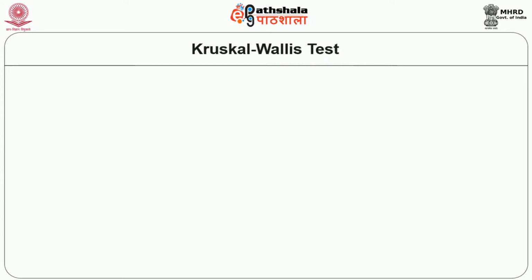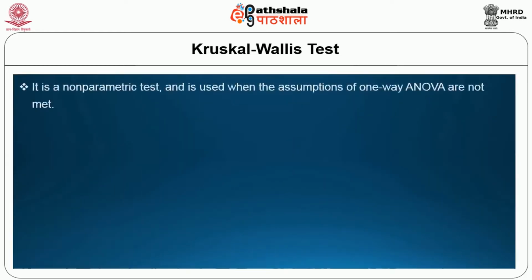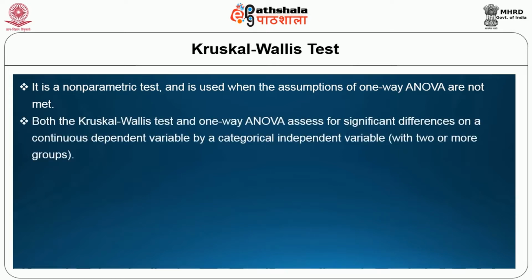Let us move on to the third test for discussion in this module, that is the Kruskal-Wallis test. This test is a non-parametric test and is used when the assumptions of one-way ANOVA are not met. Both the Kruskal-Wallis test and one-way ANOVA assess for significant differences on a continuous dependent variable by a categorical independent variable.